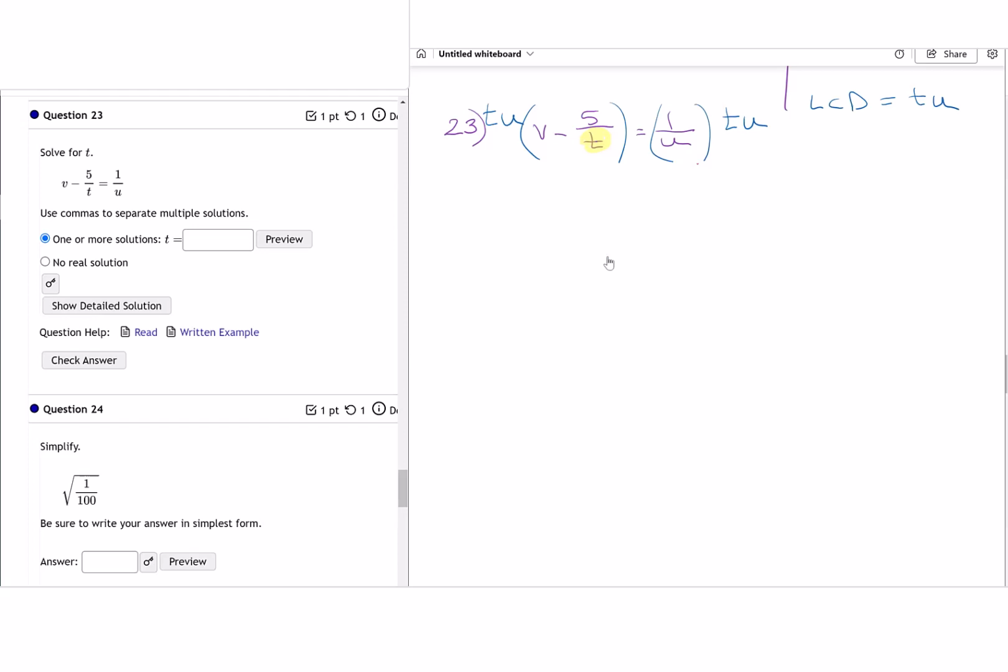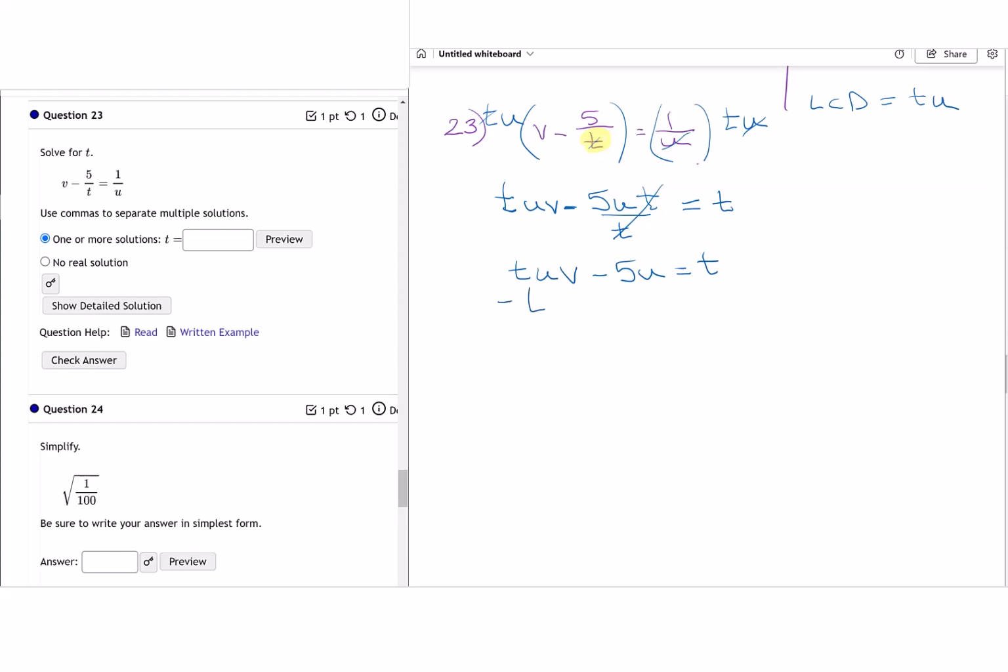I distribute. I have T, U, V minus, but these are canceling, so we can cancel it first. This equals, and again, I can cancel the U's, T. I have TUV minus 5U equals T. Remember, I'm solving for T. I have to get all the T's on one side.